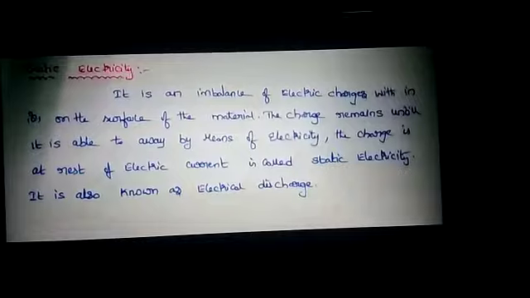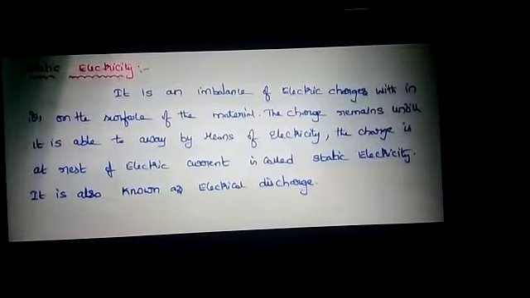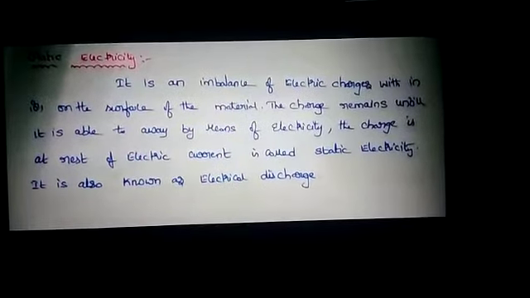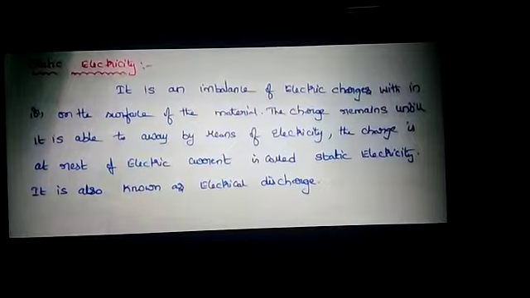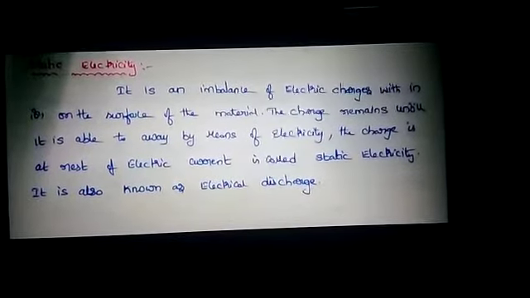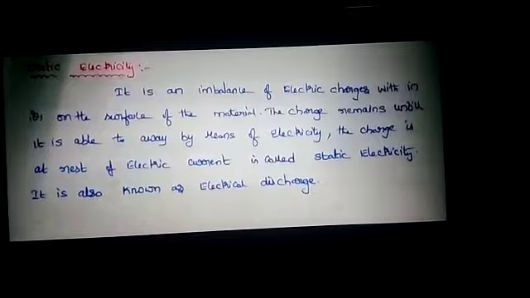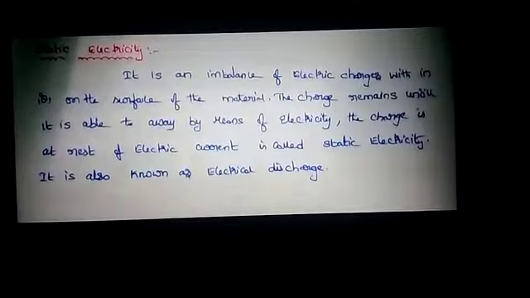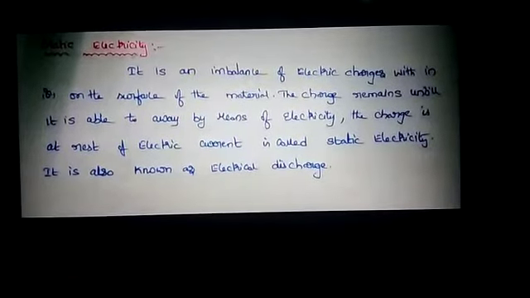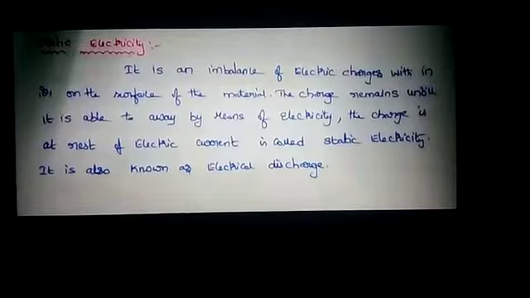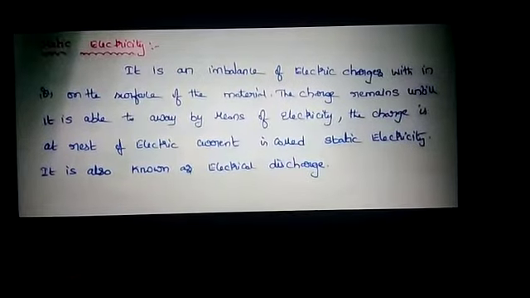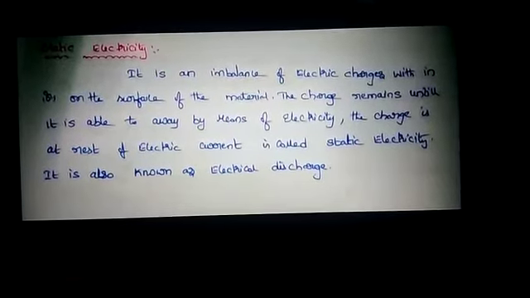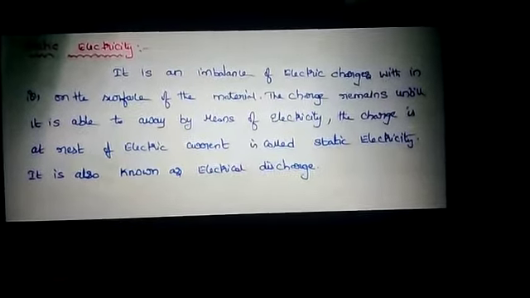Static electricity is an imbalance of electric charges within or on the surface of a material. The charge remains until it is able to move away by means of electric current. So the charge is at rest. When the charge is at rest, that is static electricity.